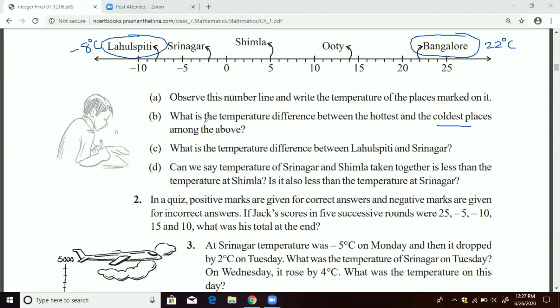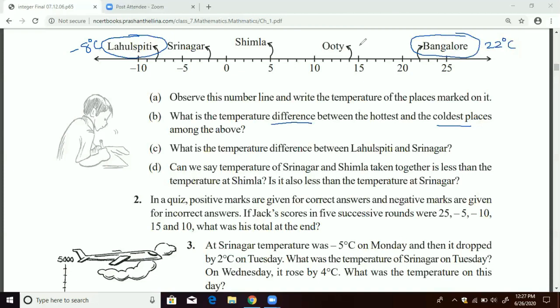What we want to find is the temperature difference between the hottest and coldest places among the above. That means for finding the difference, we are subtracting the small value from the large value. Here the large value is 22 and the smallest value is -8.